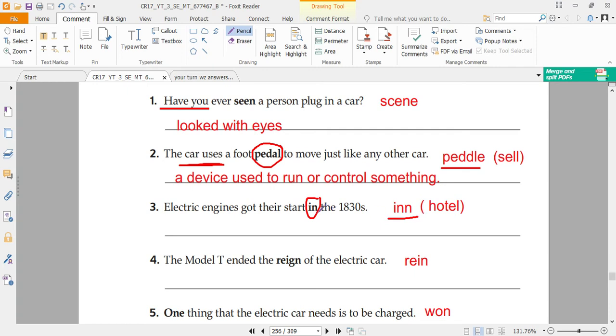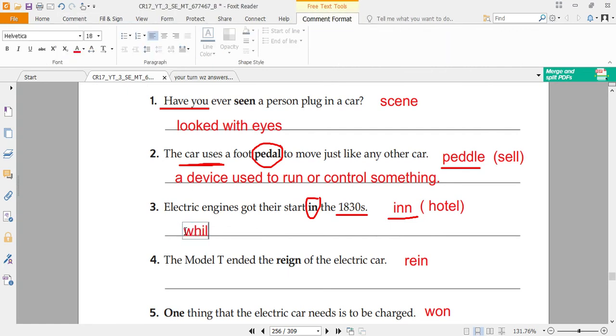Great. So here, how do we know this in means a time or during? Yes, we have the date here, or the period. So in here means while or during.